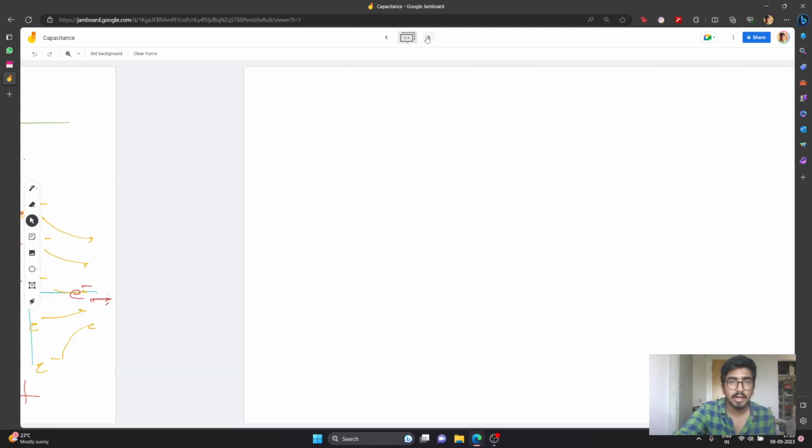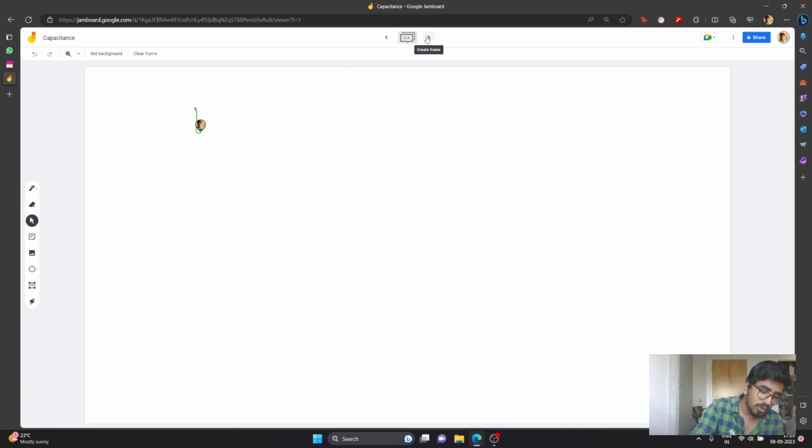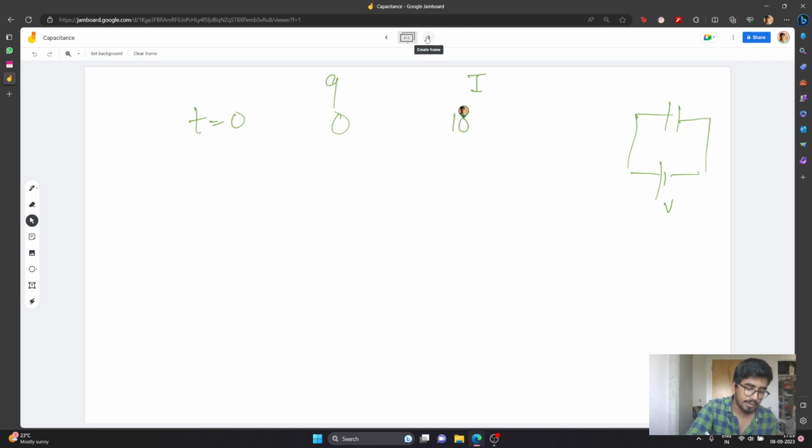Just to be clear here, at t equal to 0, this capacitor has zero charge, right? And we are talking about this circuit here, and this is at V potential, right? So at t equal to 0, this has zero charge, and it starts flowing. So some current is there, maybe like 10 milliamps, right?